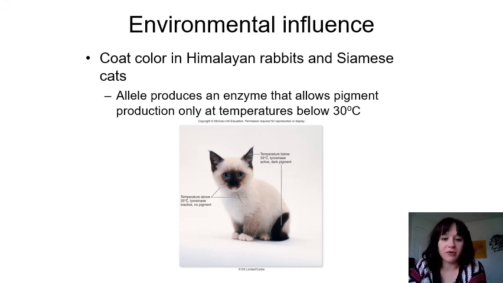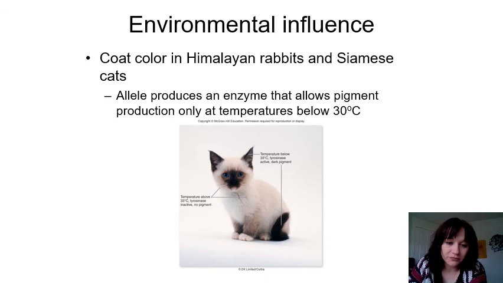This enzyme is important for production of dark pigment, and this enzyme is only functioning in cool temperatures, so below 30 degrees Celsius. So what you'll find is that in the body of this individual, this little cat, only the parts of the body that were able to get below 30 degrees, only in those cells was the enzyme able to function.